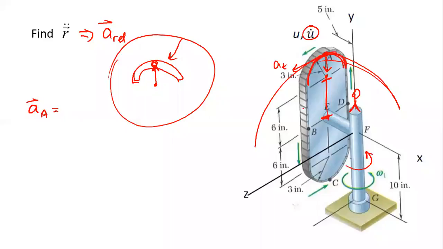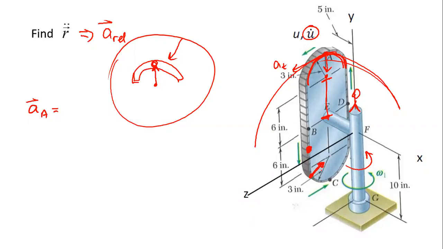But if we were at point B, would there only be tangential and no normal? What do you think? It's not a circle, so it should be tangential. How about if I was right here? Then you have the normal, based on distance. So that would be going in towards the center there.